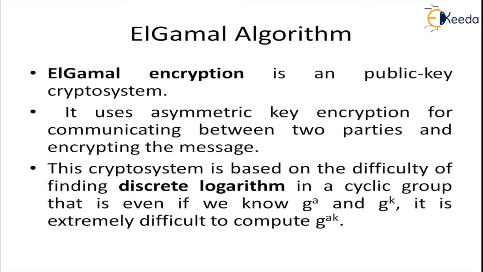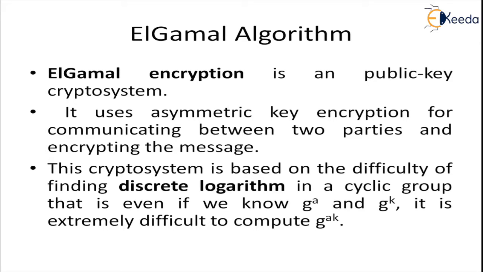Okay, and now the specialty of this is that it is an asymmetric key encryption process. The ElGamal algorithm uses asymmetric key encryption for communicating between two parties and encrypting the message. This cryptosystem is based on the difficulty of finding the discrete logarithm in a cyclic group.